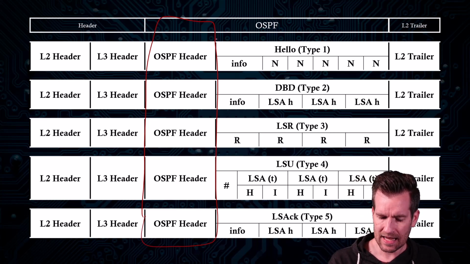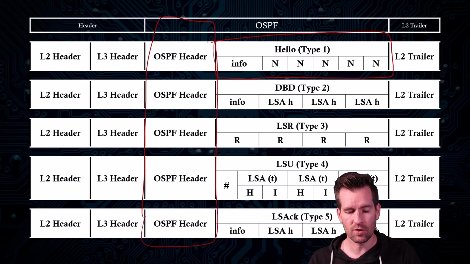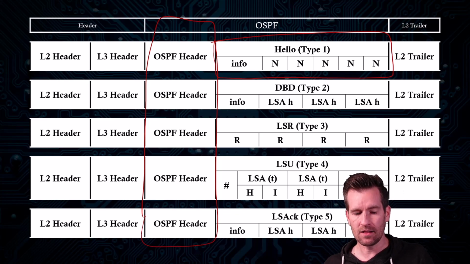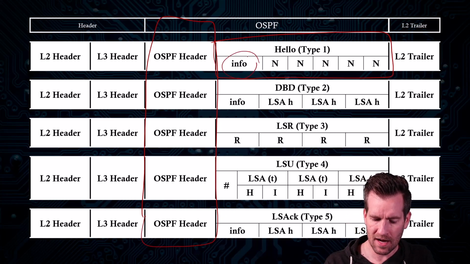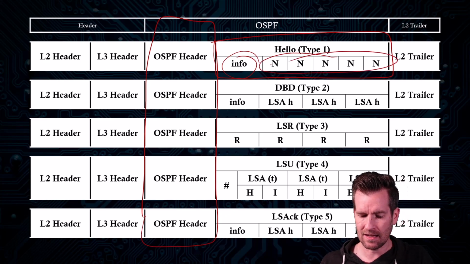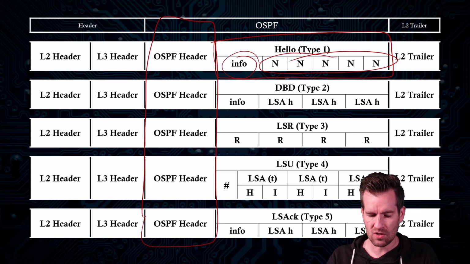And then it gets into the different types. We have a type 1 through 5 with each one of these. The hello type is information to set up these neighborships, these adjacencies. It's got some information, and then it's got all the neighbors that are attached to that router.